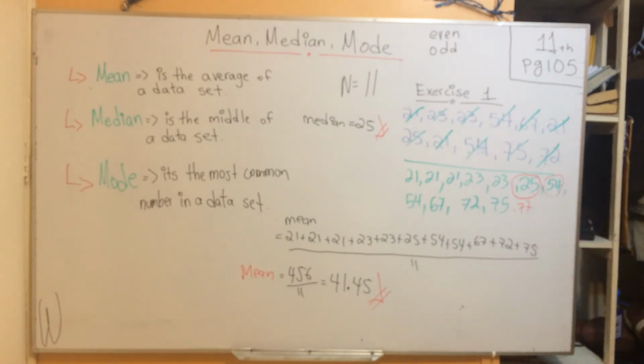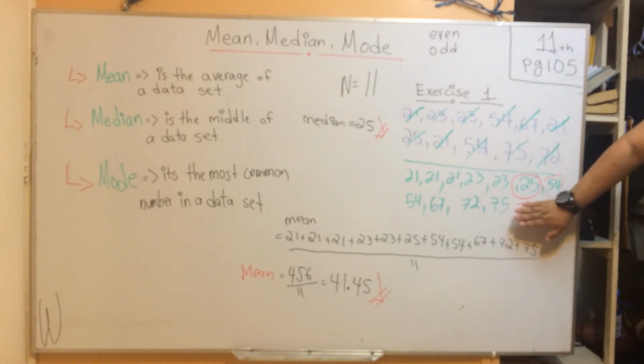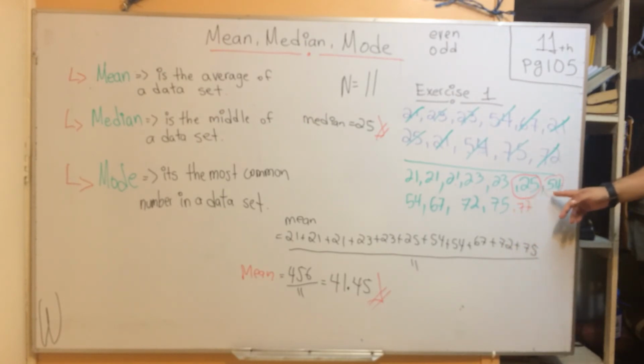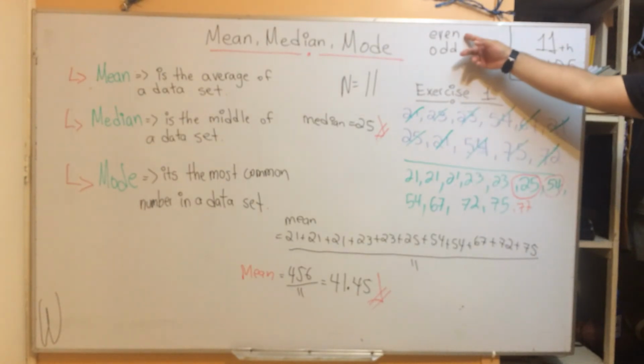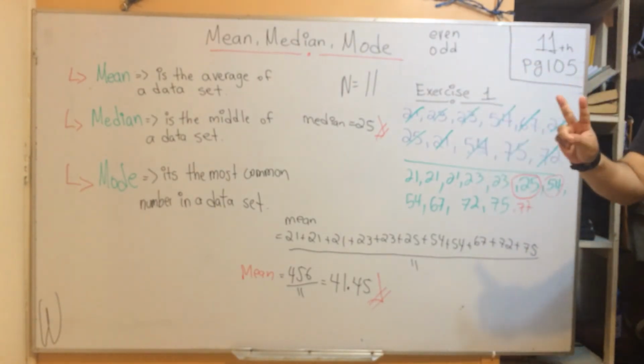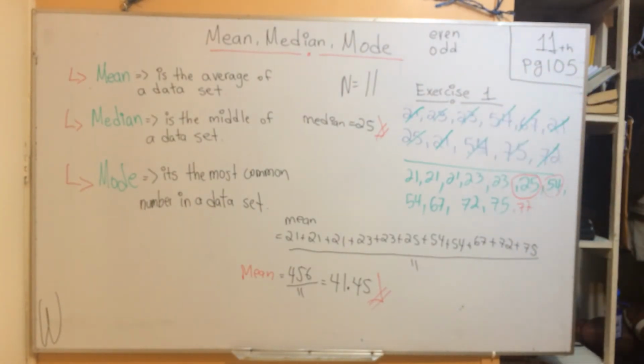We would need to add these two numbers and divide by 2. If we take our calculators, just so that we have an exact number, this is assuming that we have another number. In the first exercise, it's just 25. We don't have to do anything. But since we have two middle numbers, because they're even, we add them and divide by 2.